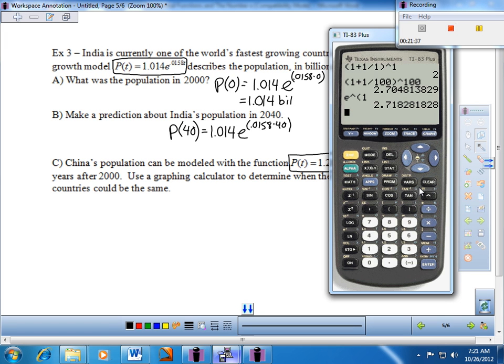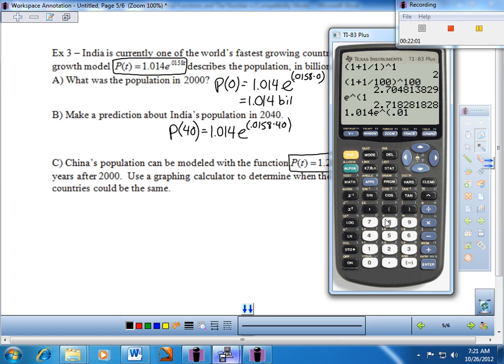Alrighty, so I have 1.014, and then you could just do the e, so second, and then that ln button. We're going to see that ln in action in just a little while. So e, and notice it automatically knows you want to treat that as the base to a power, and so it gets you ready. In fact, it has the little caret right here. It has parentheses because chances are you're going to throw a couple things in there.